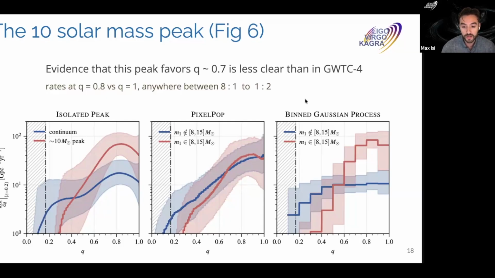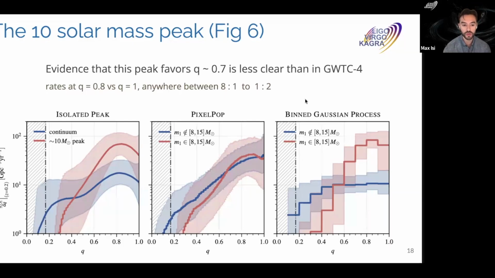And then we can subsegment the population in terms of primary mass and try to identify systems that are roughly in the 10 solar mass peak, which in this case we define as systems within the range of 8 to 15 solar masses. And then we can ask similar questions again: do these systems have different mass ratio properties than the rest?